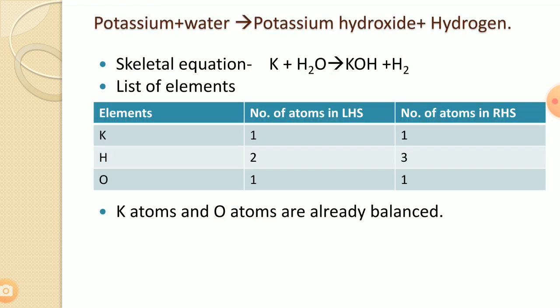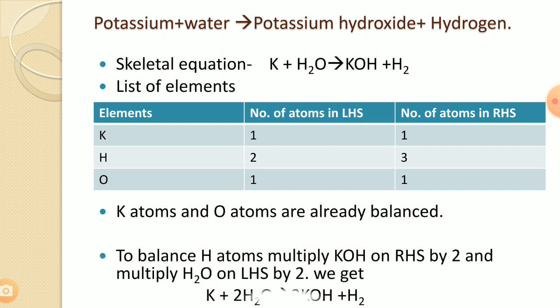Now we take the fourth example. Potassium plus water gives potassium hydroxide plus hydrogen. First of all, we'll write the skeletal equation. Potassium plus water gives KOH plus H2. We make the list of elements and we found that potassium and oxygen atoms are already balanced. So to balance hydrogen atoms, we multiply KOH by 2 on right hand side and we multiply H2O by 2 on left hand side.